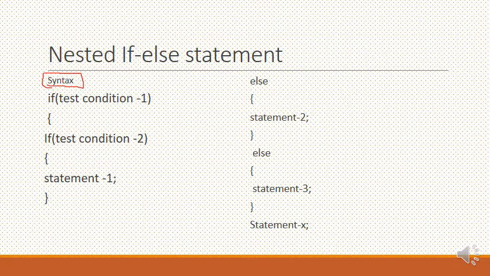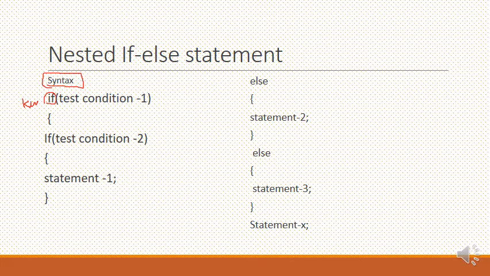Syntax is nothing but what? The same thing you are using in your program. If test condition 1. If is a keyword. All of you know what a keyword is. Here you are writing the test condition. Next, this is the outermost if statement. In the opening brace, we are using another if statement.